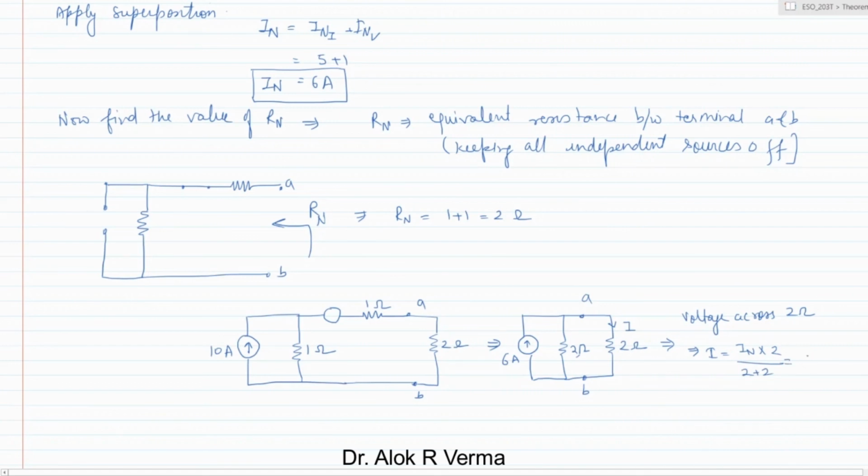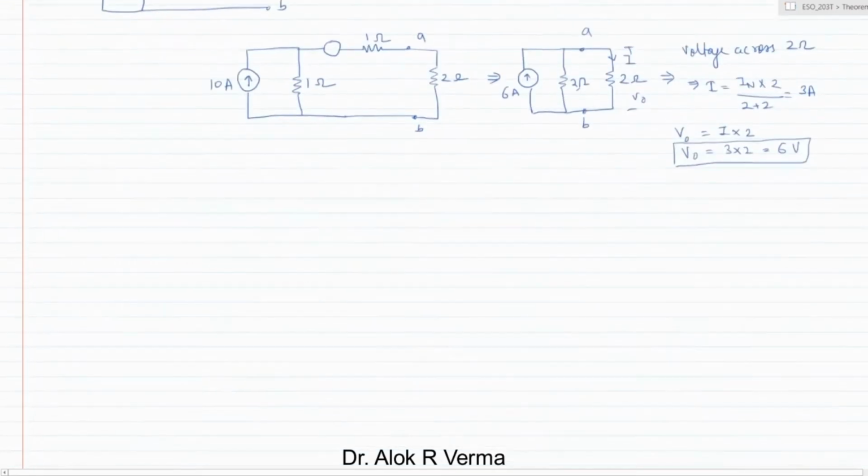How much is it? 3 ampere. Now the voltage V0 is nothing but I into R, which is basically 2 ohm. So 3 into 2 is 6 volt. So V0 is 6 volt. This we have done using Norton's equivalent.